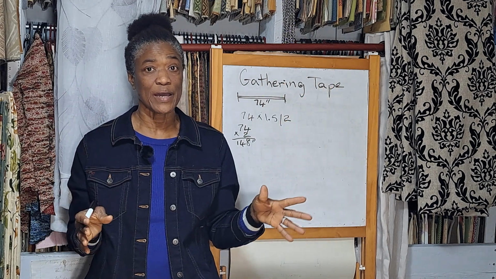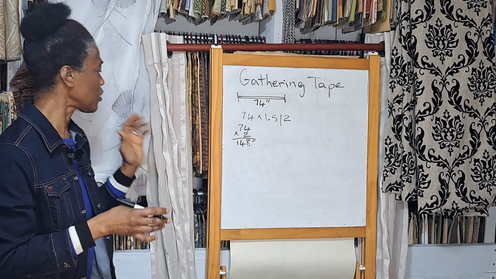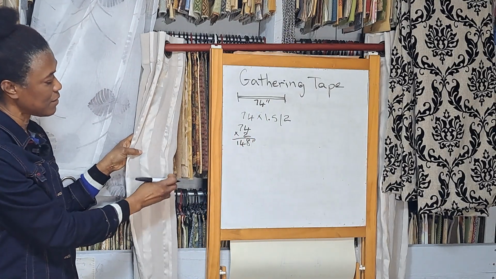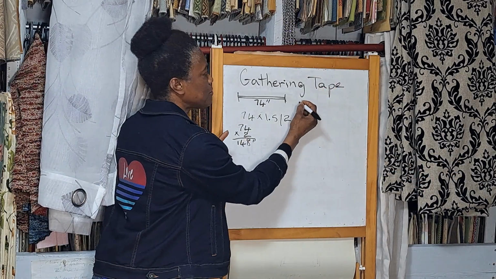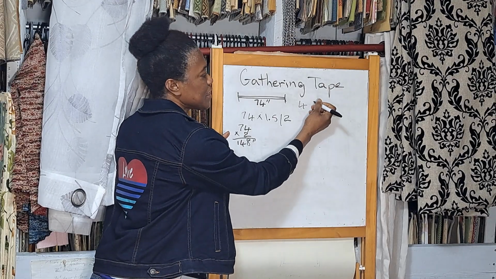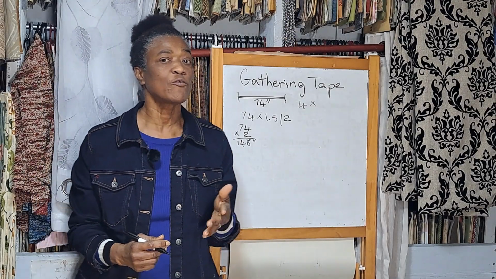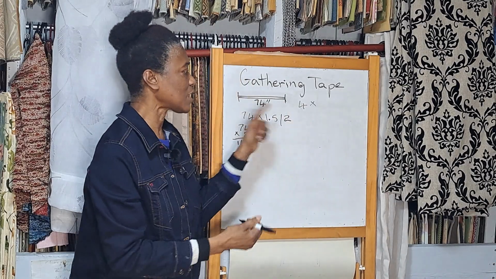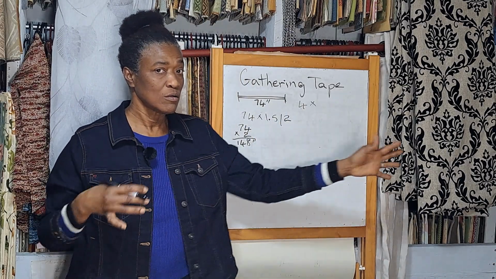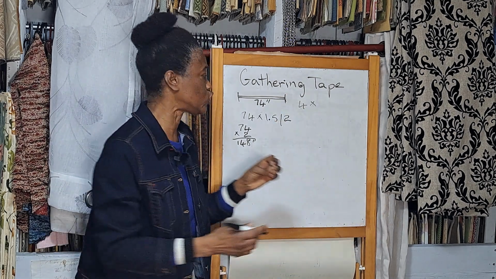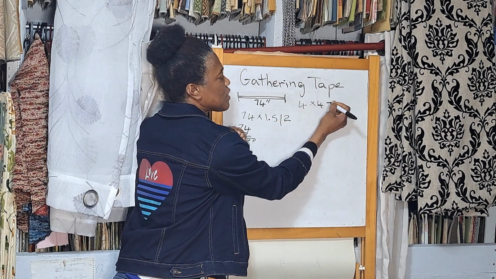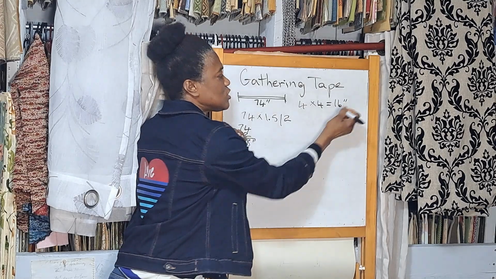If we're making 2 curtain panels, it means we are going to need 4 side hems: 1, 2, 3, 4. Each hem requires 4 inches for our 2-inch double hem, so we multiply 4 side hems by 4 inches each. So that's 4 4s are 16 inches.